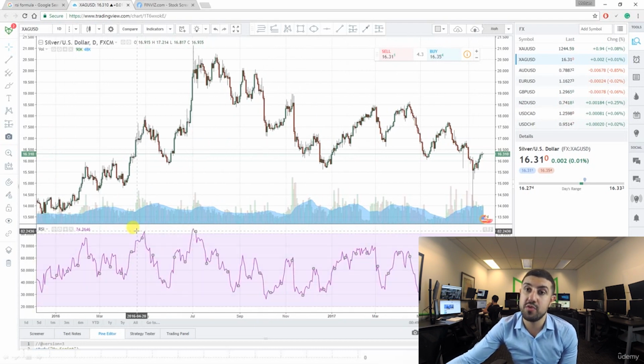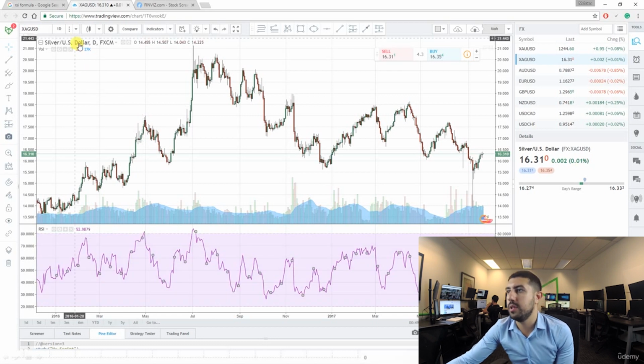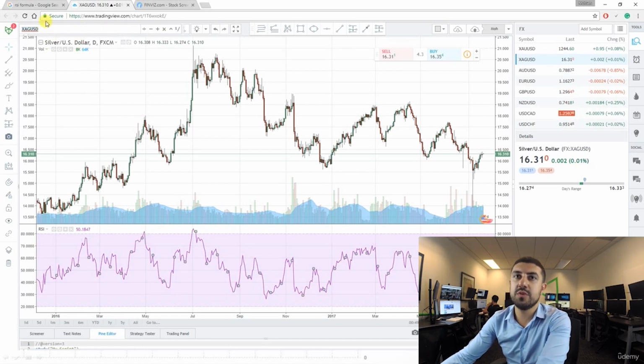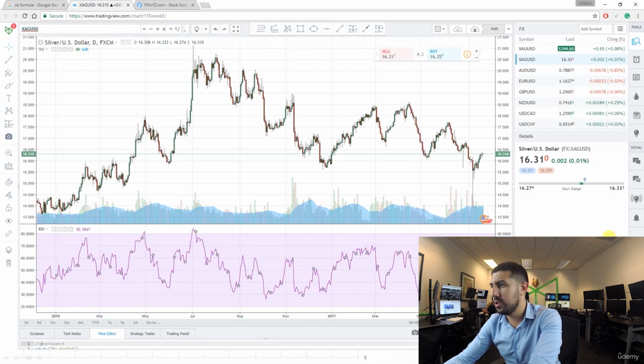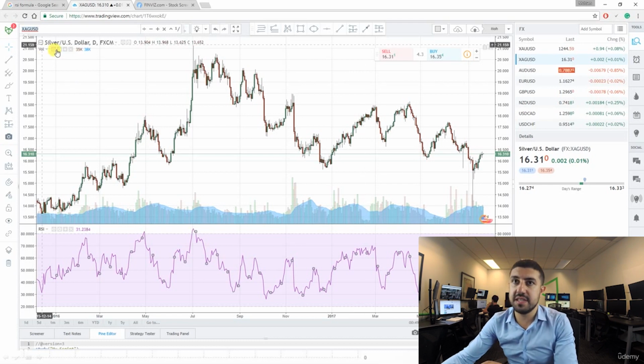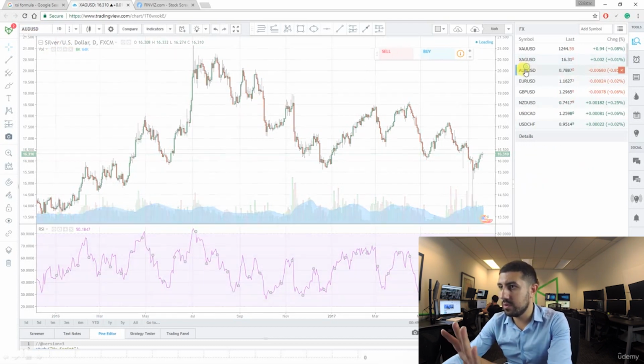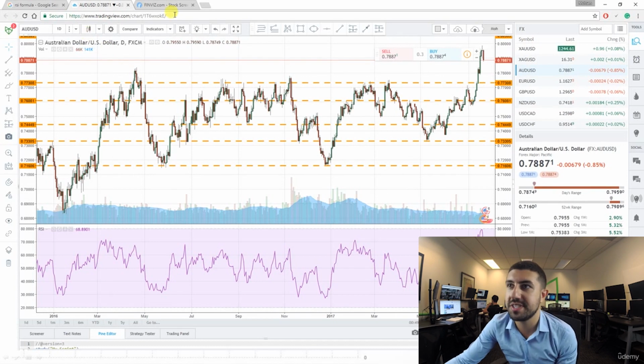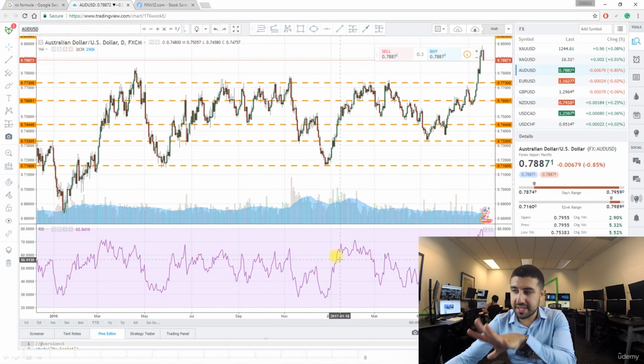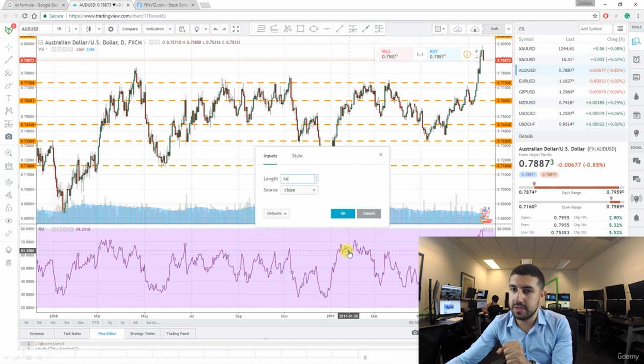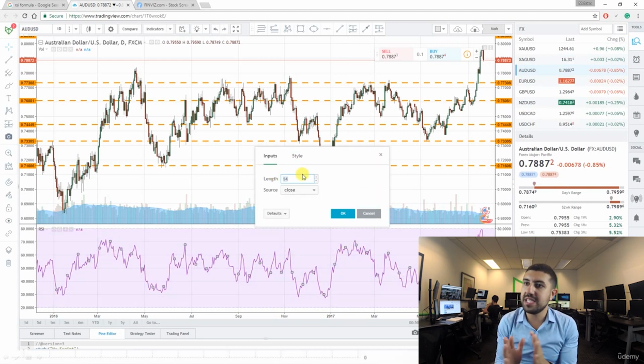So you might want to play around with it. Well, I'm not actually looking at the same stock anymore. Which stock were we looking at? Obviously now we're on Forex, so it's not going to work well with Forex. But what I want to say is you can play around with different lengths, how many days, but usually people keep it at 14.